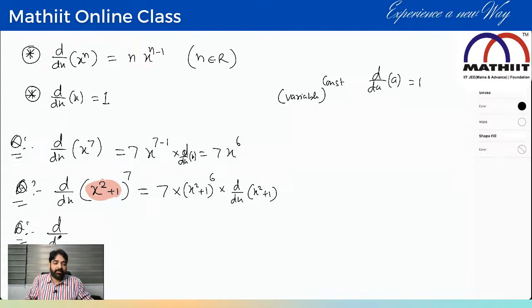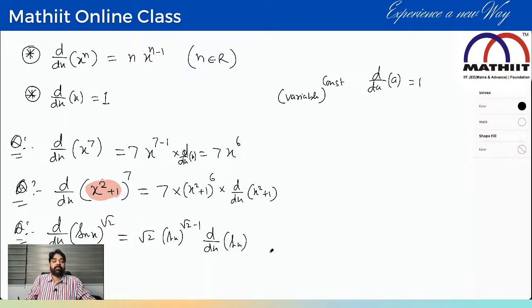d by dx of, if I say, sine x raised to power root 2. What is the variable? This is sine x. So we can apply the formula because this is variable power constant. So we'll say root 2 into sine x power root 2 minus 1 into the differentiation of the variable. Is this clear? What is the answer?